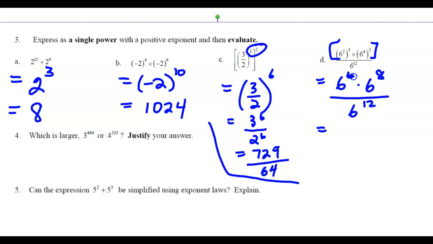Now in that numerator, we're multiplying, so that's 6 to the 14 over 6 to the 12. And then we're dividing. So that's 6 to the exponent 2. So we're subtracting the exponents. So that's showing your work, which we will be asking you to do on a test.